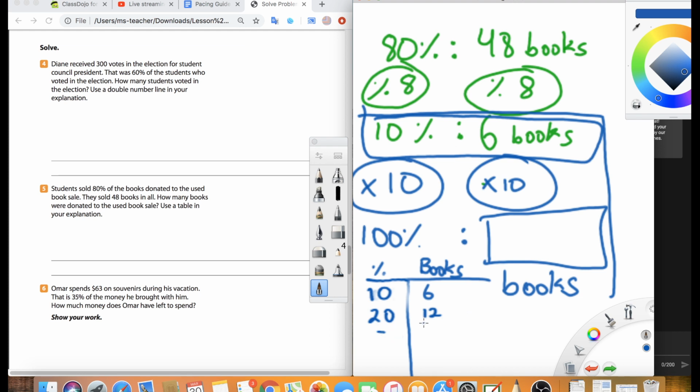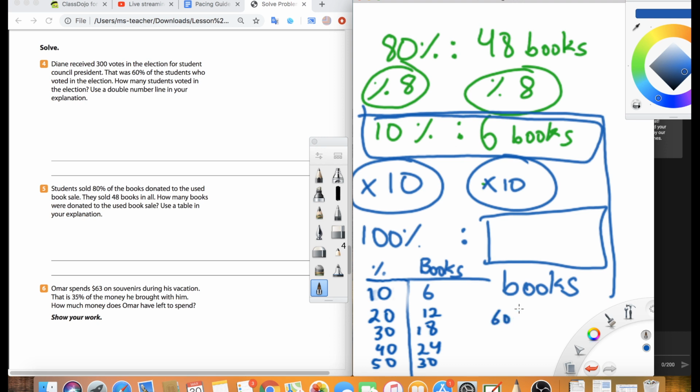So let's keep going like this. 30% would be 18, 40% would be 24, 50% would be 30. And then you keep going until you get to 100%.